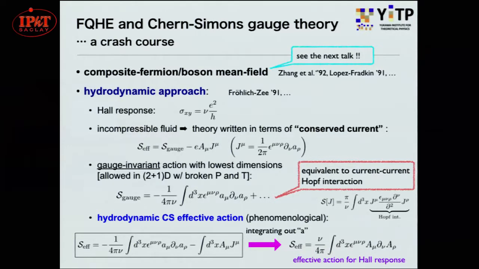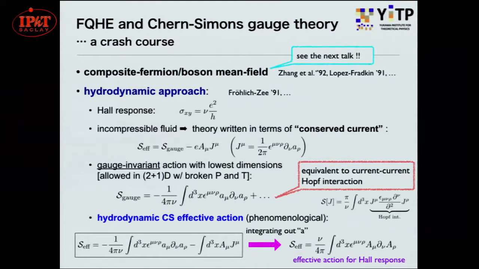So this is a possible form of the effective action. This is a coupling of this conserved current to the external electromagnetic field, and this is the main part of the effective theory, which is also a gauge theory, because if you write everything in terms of current, which is a gauge invariant object, this part should be gauge invariant too. So we have a gauge theory here.